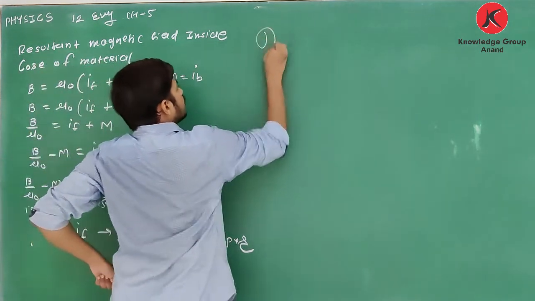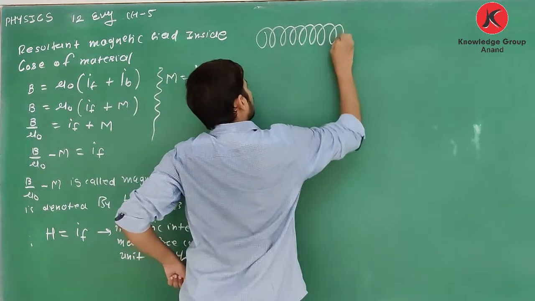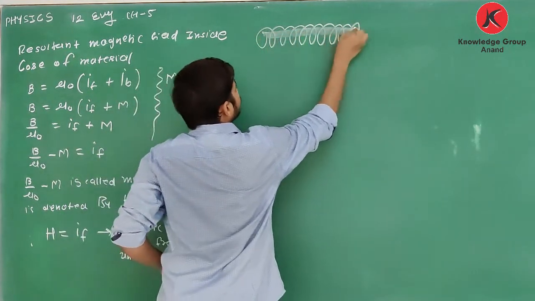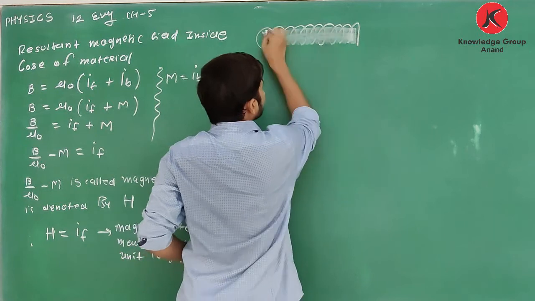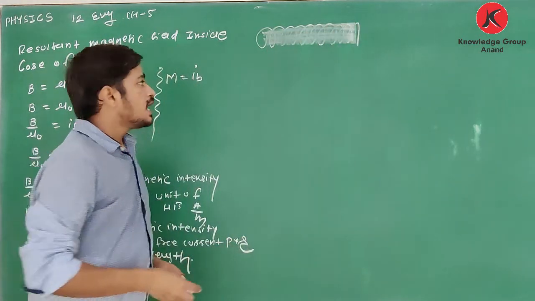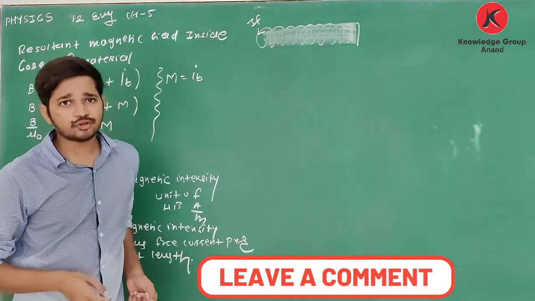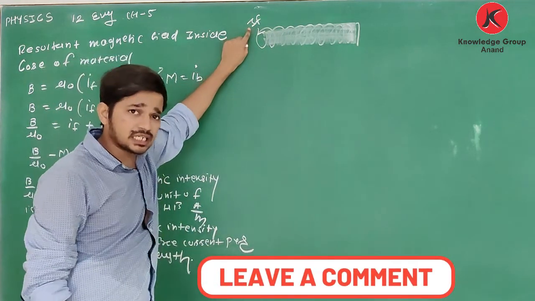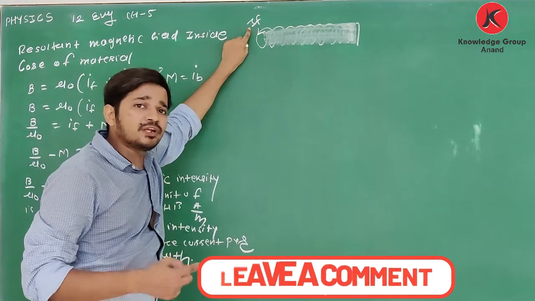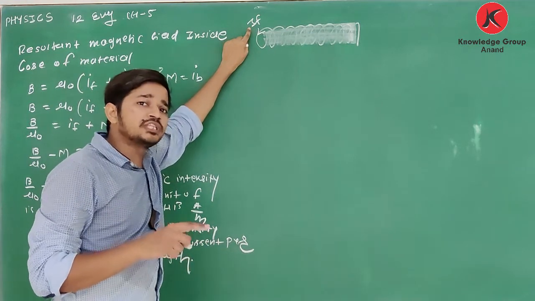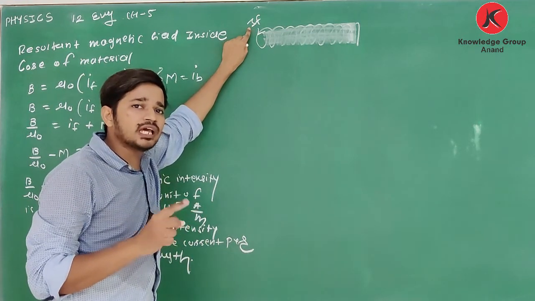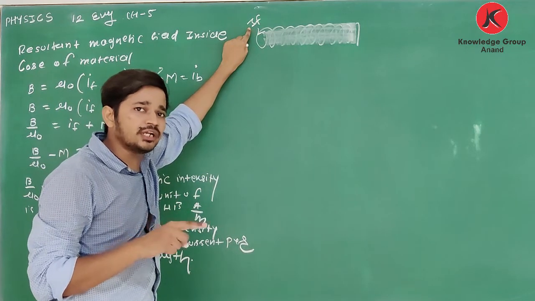Now, magnetization depends on which factor? Again, we have a solenoid. Inside the solenoid, one magnetic material is placed. Initially, we have to supply some current in the solenoid. Due to this current IF, magnetic field B0 is produced. Due to that, each and every molecular dipole will align in the direction of the magnetic field.